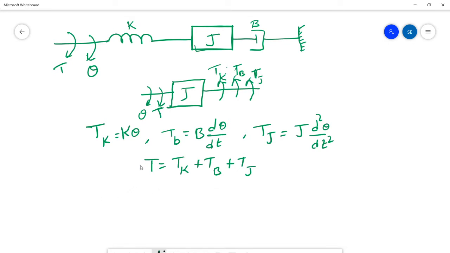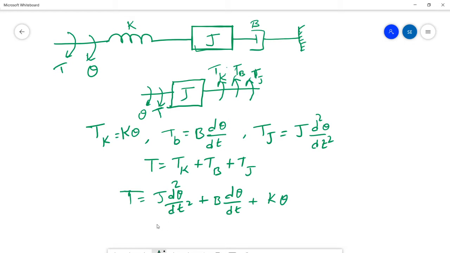So we just need to substitute the terms which we got for the individual torques, that is T is equal to J into d square theta by dt square plus B into d theta by dt plus K theta, right?